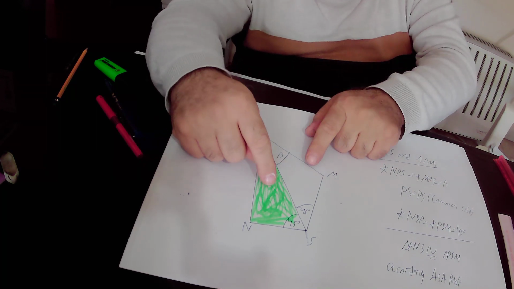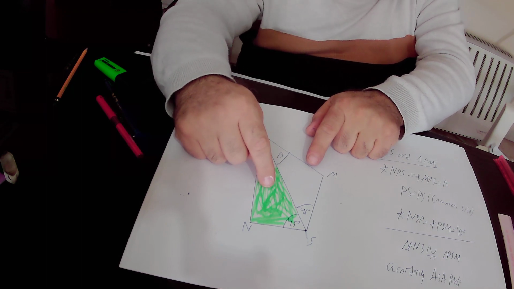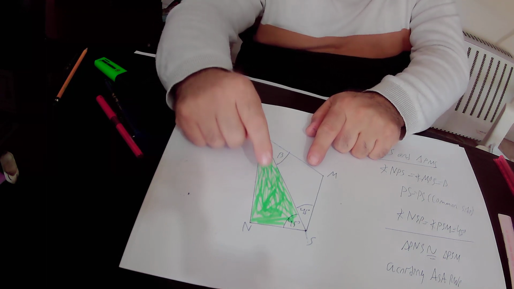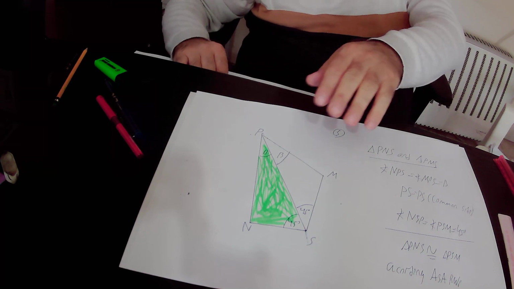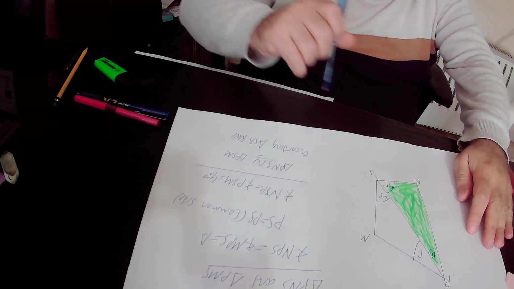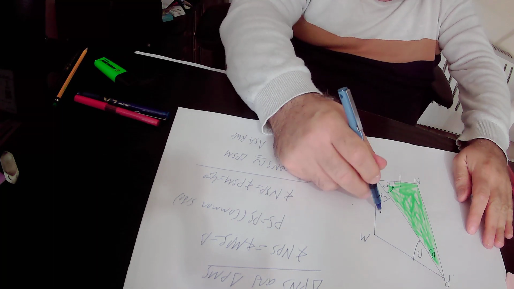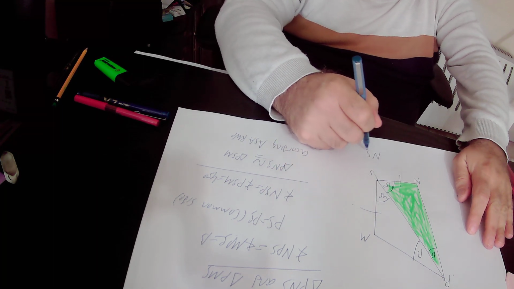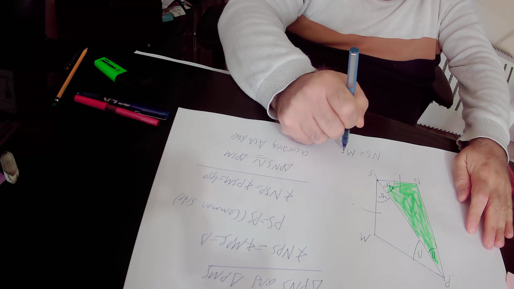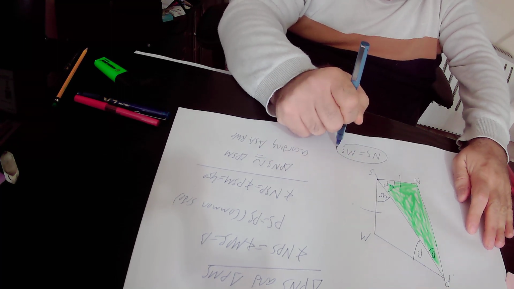Therefore we proved that those two triangles are congruent to each other according to angle side angle rule. And from the fact that those two triangles are congruent to each other, we will conclude that NS equals MS. Okay?